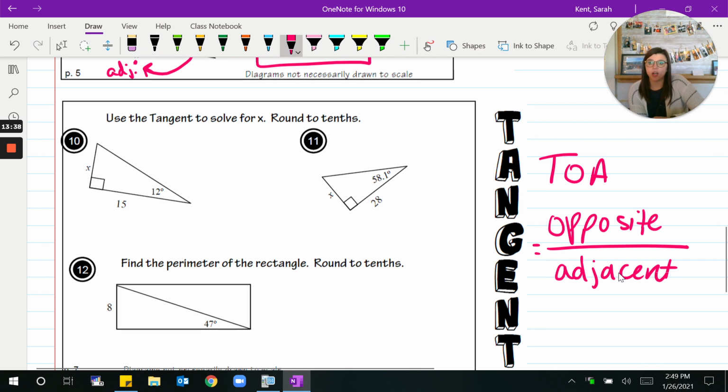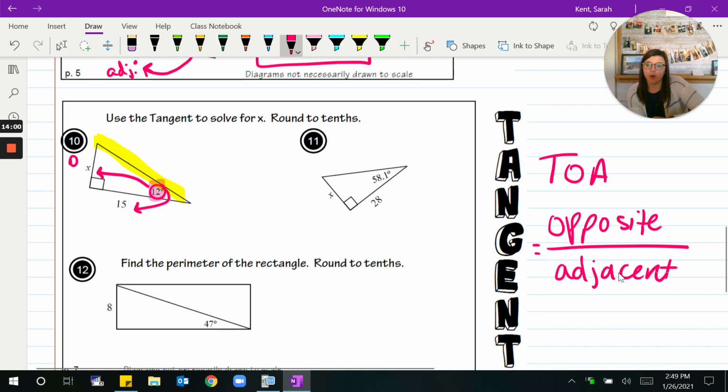So if I start number 10, I've got my angle. And if we look at the hypotenuse this time, the hypotenuse is empty. There's nothing there. So that means from 12, I want to look at the opposite and the adjacent.